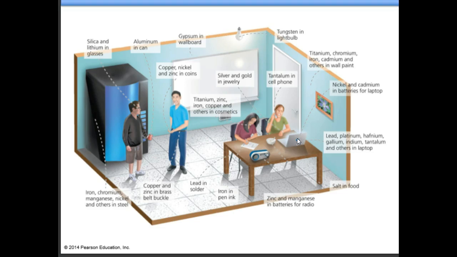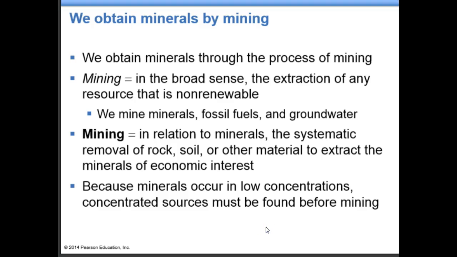I feel like that chemistry song in the laptop. Your salt in your food. You have zinc and manganese in your batteries for your radios. Iron in the pen ink. Lead in solder that holds things together. And copper and zinc in brass in your belt buckles. So all of these are the different minerals that you have in the products that you use.